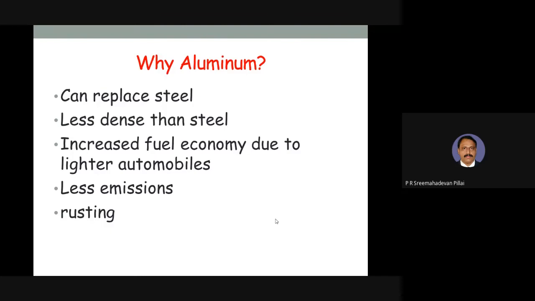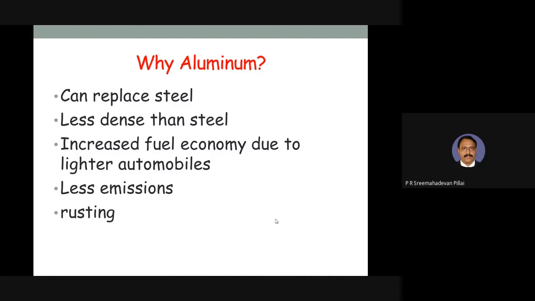Most of our pressure cookers, heavy vessels, pans, etc. are basically Indalium. Indalium is lighter compared to iron because it's an aluminum alloy, but iron content is also there in Indalium. And of course, they are slowly replacing the steel because they are less dense and they are more conducting than iron and such compounds.